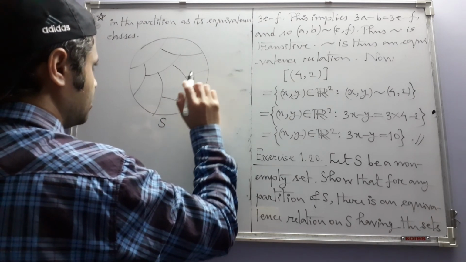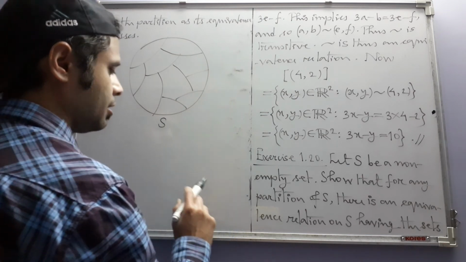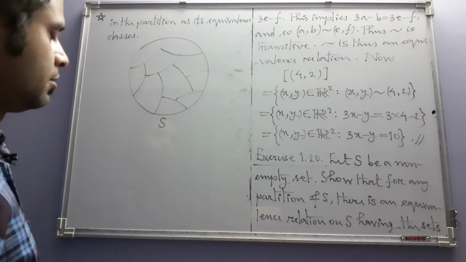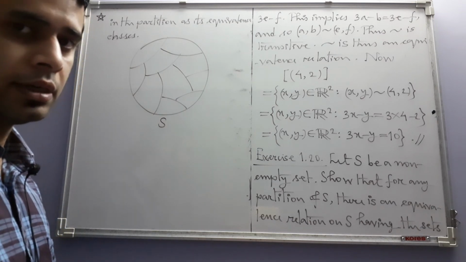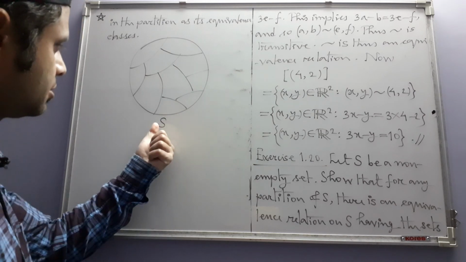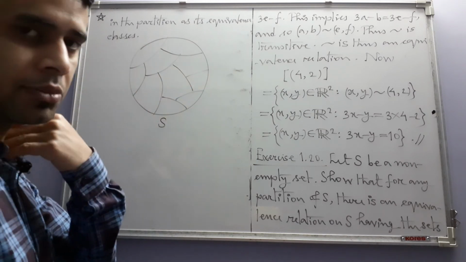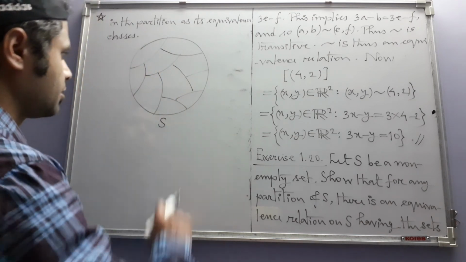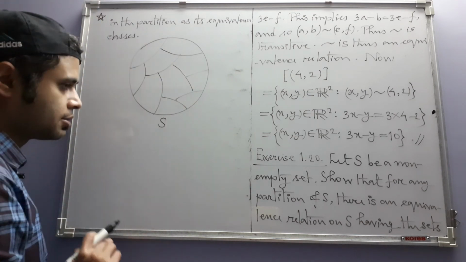Equivalence classes are not there anywhere in the scene unless we have some equivalence relation. What is the definition of a partition? A partition is a collection of subsets of S like this, which I am not writing anything, just simply schematically showing that these are some subsets of S.